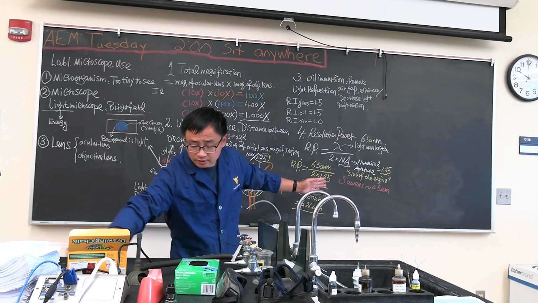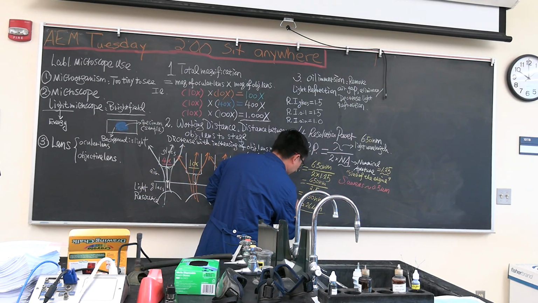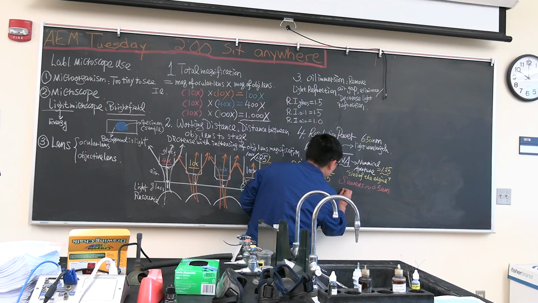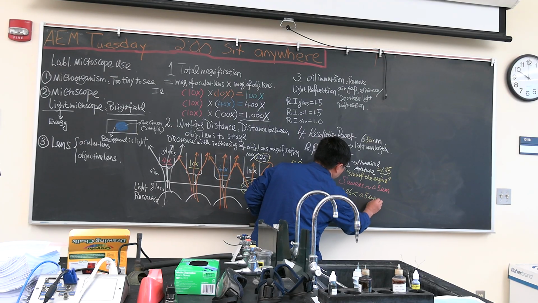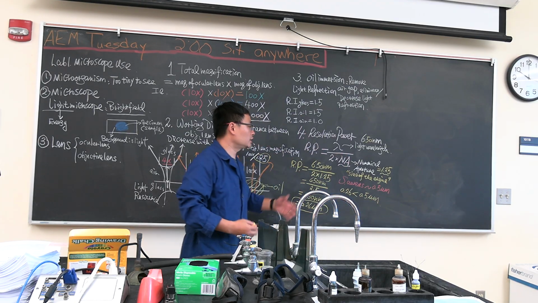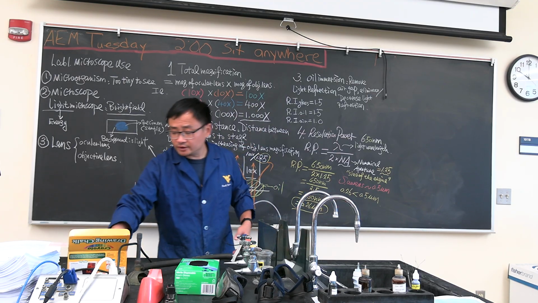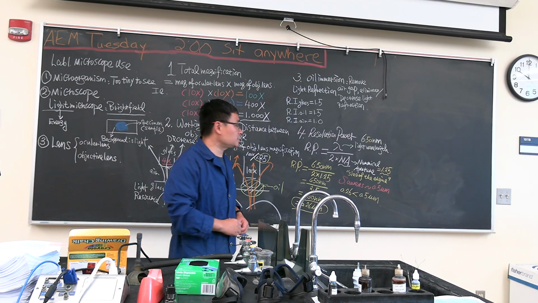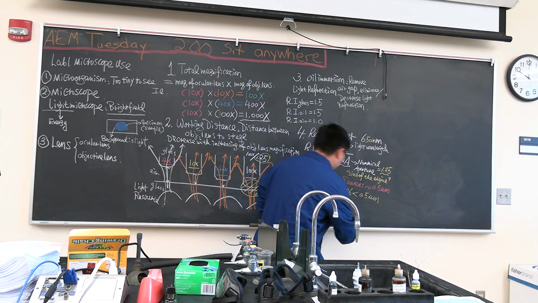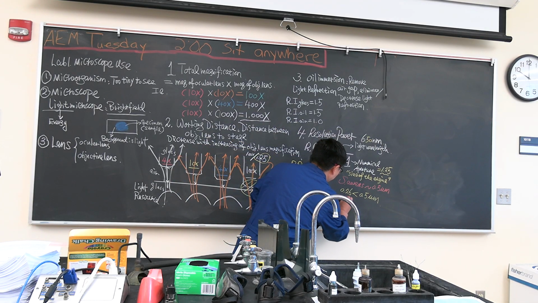The reason is our resolution power, 0.26, is less than 0.5 micrometer. We can do the observation. Then I have another question. What is the average size of a virus? Let's say HIV virus.